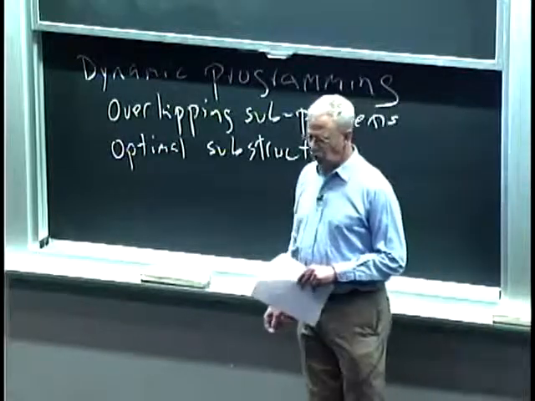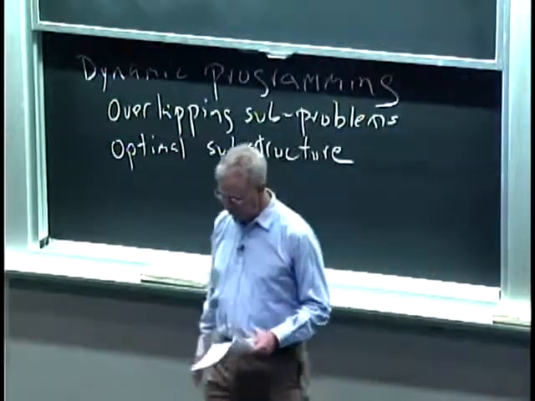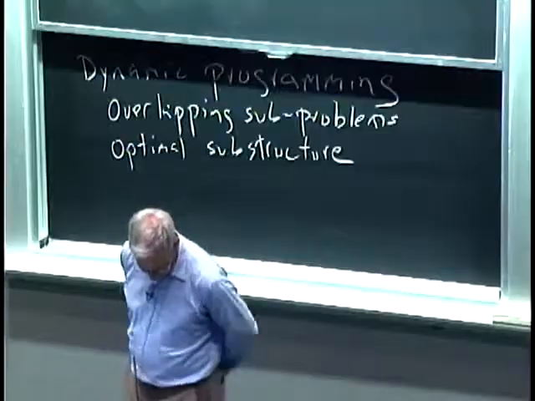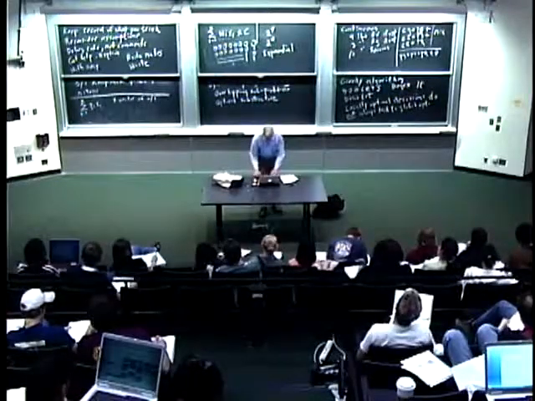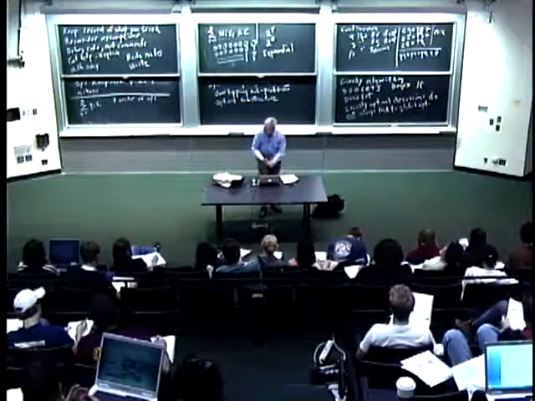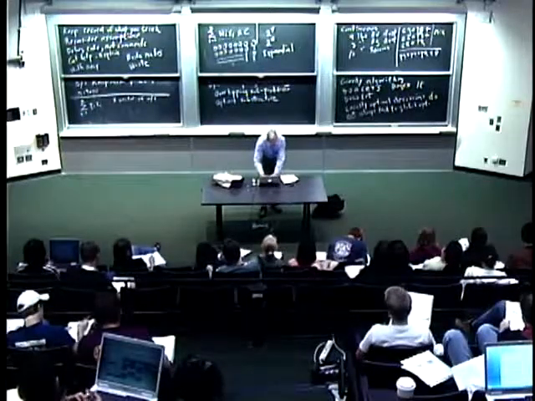Let's first look at the overlapping subproblems example. You have on your handout a recursive implementation of Fibonacci, which we've seen before.